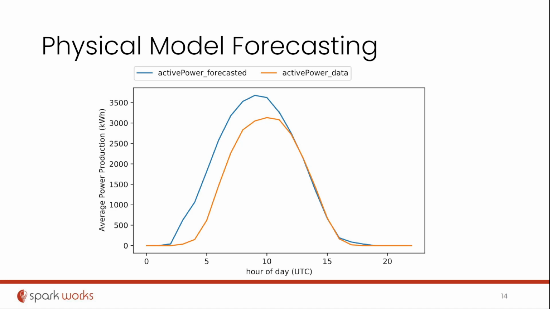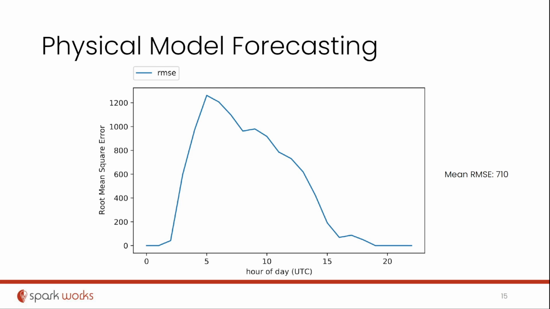And in this chart, we can see how the PVLib library actually overestimates the power production of the site during most of the hours of the day. And this leads us to a prediction that has an average root mean square error of around 710, which is quite high.